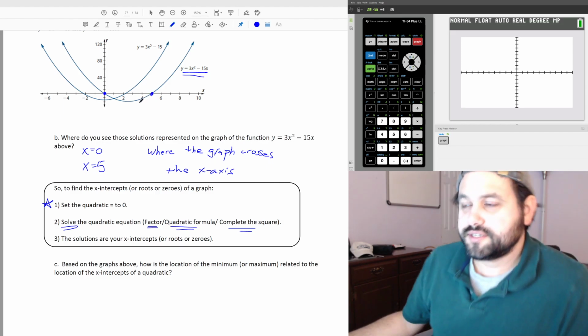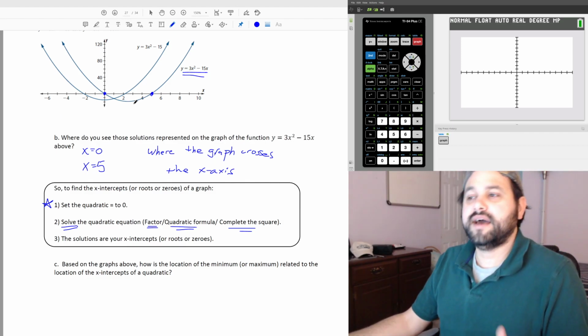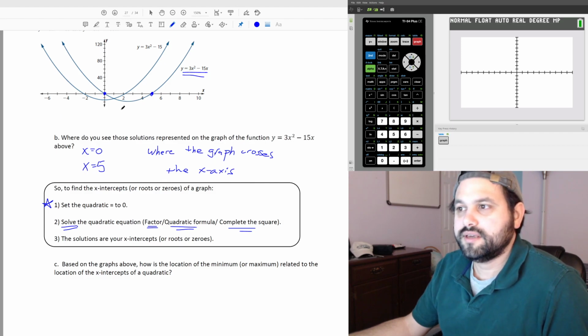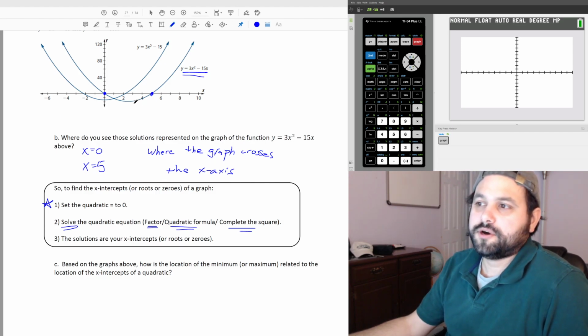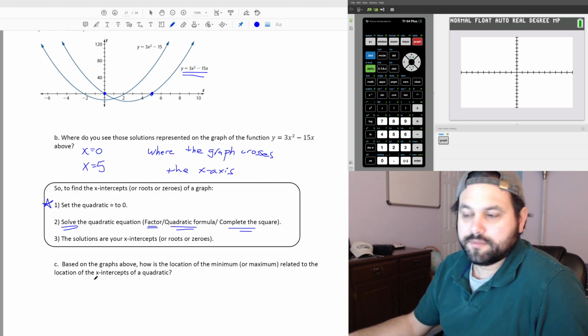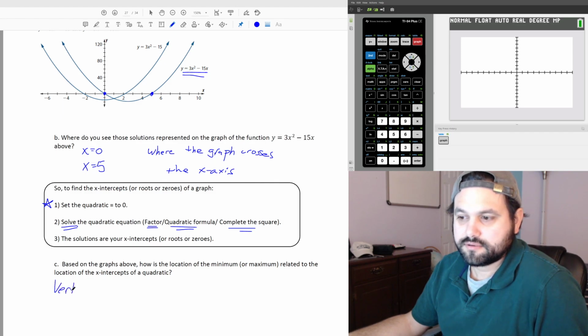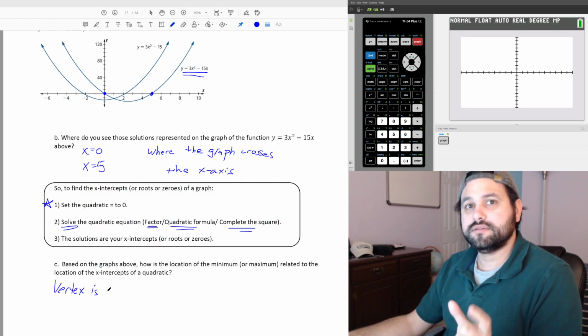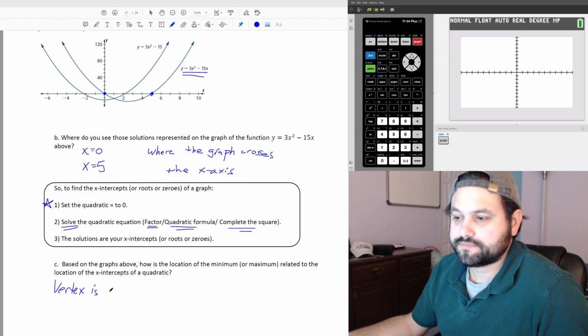So this kind of goes back to that idea that the graph of a quadratic function, a parabola, is symmetric. And so the minimum or maximum, or in other words, the vertex, is right in the middle, right between the two x-intercepts.